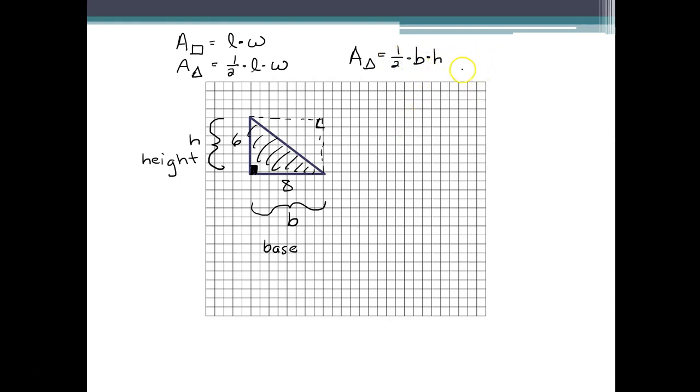So like in our case, half times 8 times 6. Which gives you 24 square units. So 24 squares fit perfectly inside this triangle. You know, if you take 24 squares, you've got the whole ones, plus you've got the rest of them cut up to fit the rest of it. But altogether, this makes 24 squares.